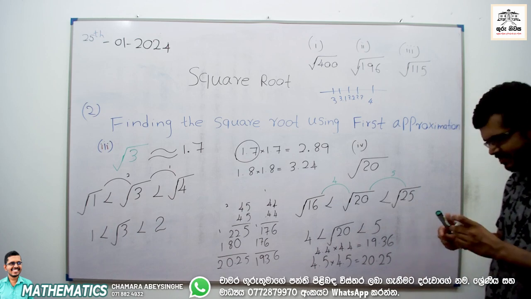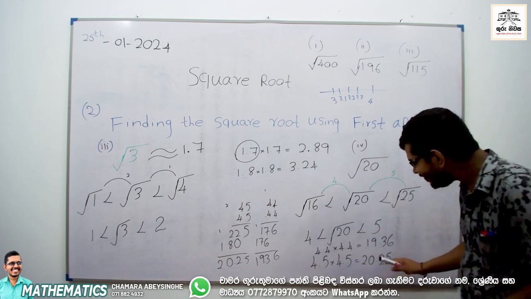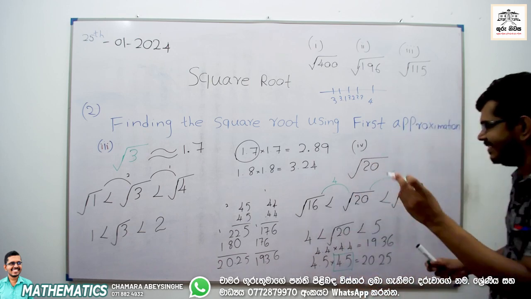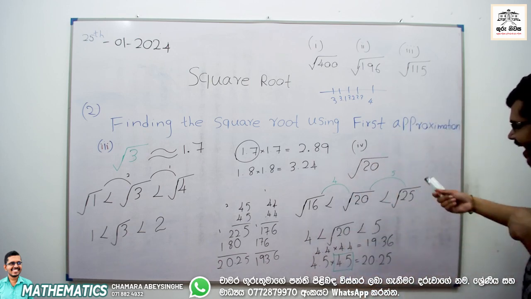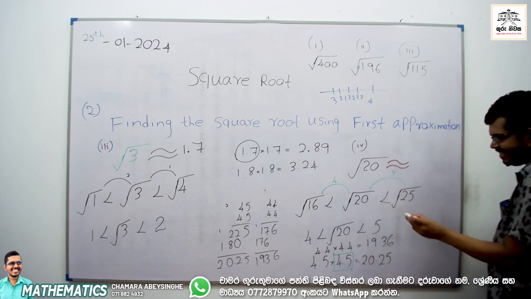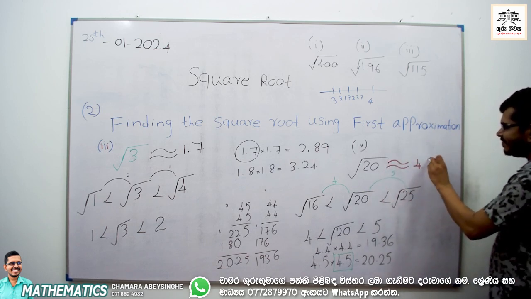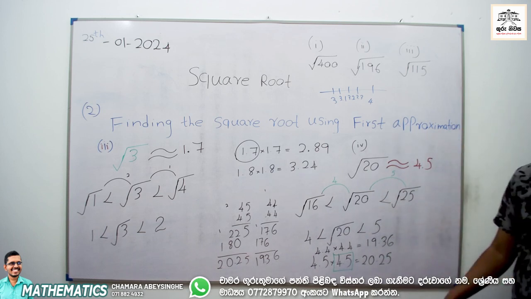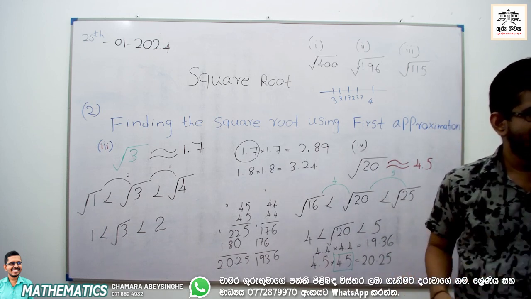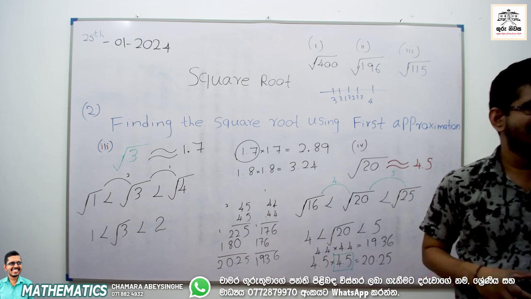This is the nearest value, 20.25, created by 4.5. So the answer is square root 20 is nearest equal to 4.5. That is the answer. Did you get the answer? 4.5. Yes, sir. Okay, very good.